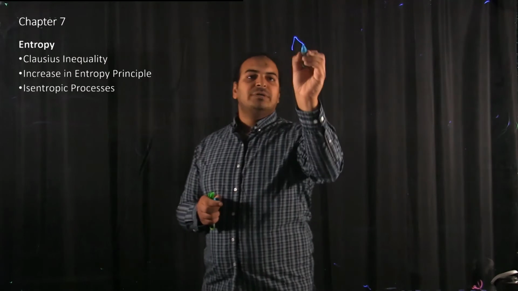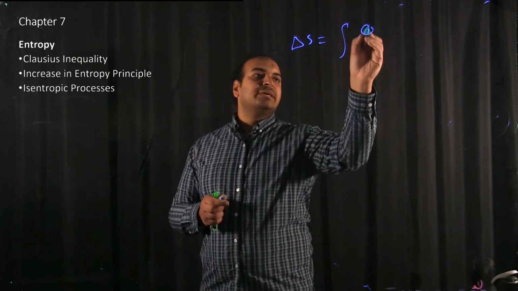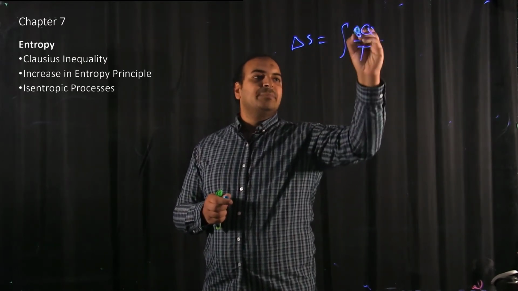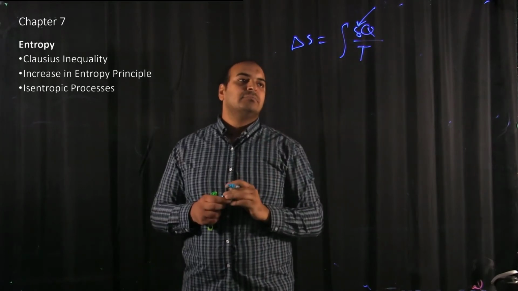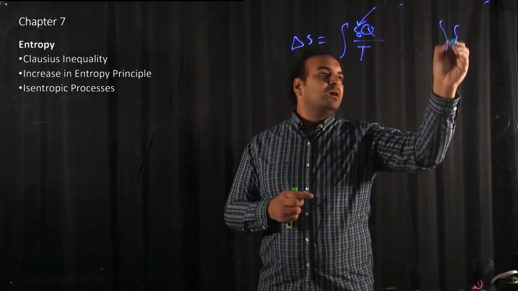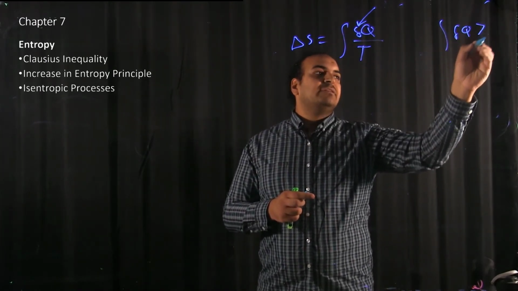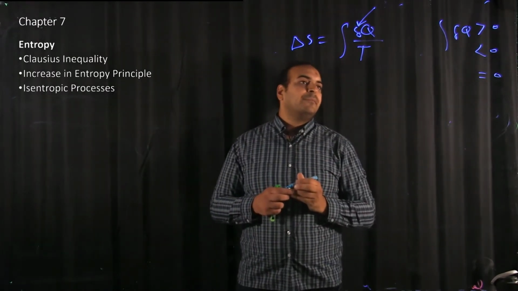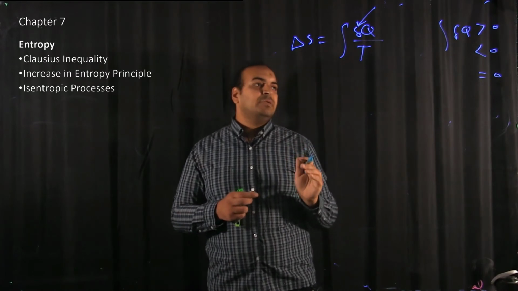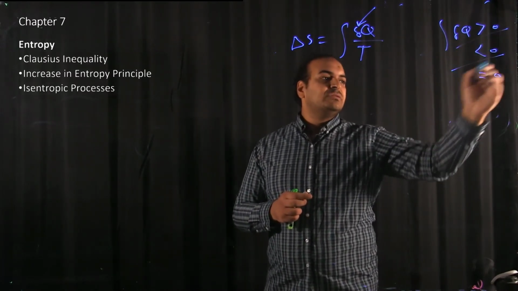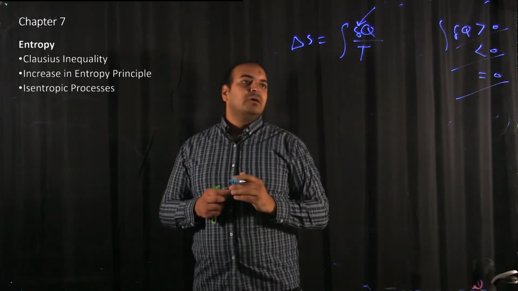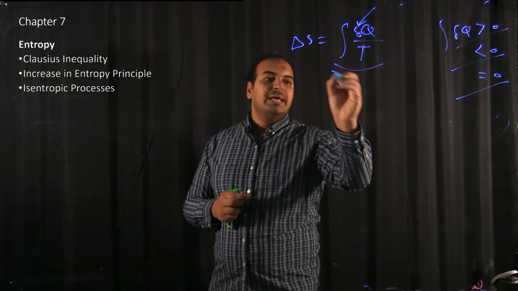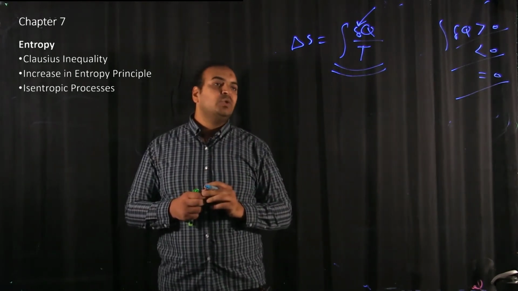So S or delta S is the integration of delta Q over T. Delta Q, because it's inexact, can be positive, negative, or 0 for a system. It means heat addition, heat rejection, adiabatic. But this guy, delta Q over T, is a property.